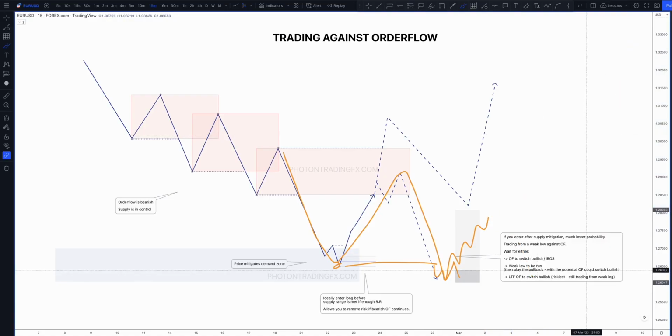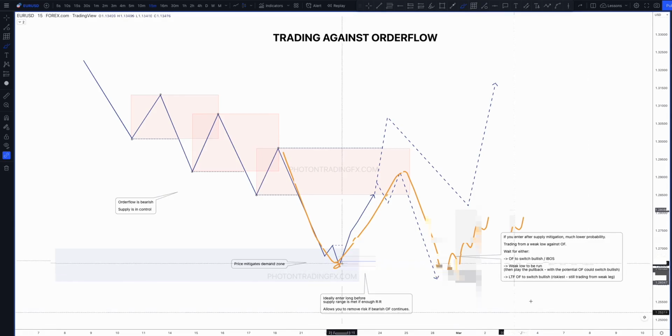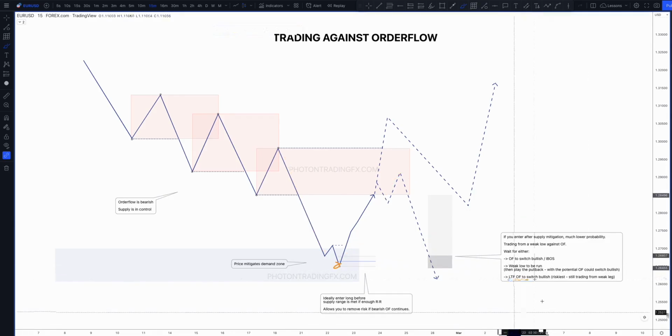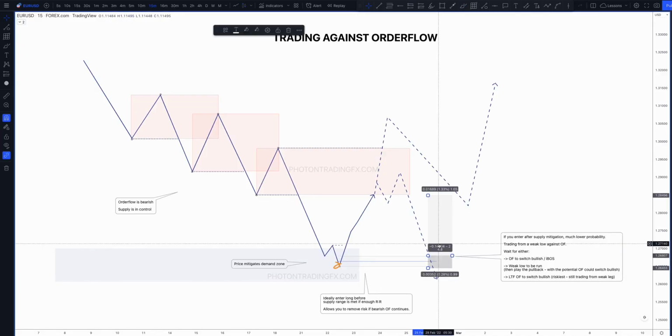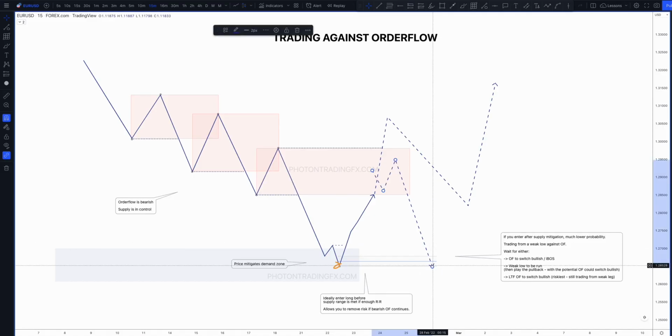That weak low goes, and then your low probability option is hoping for the switch.